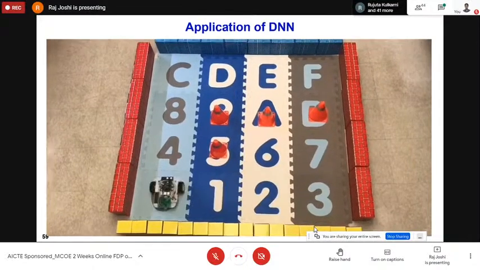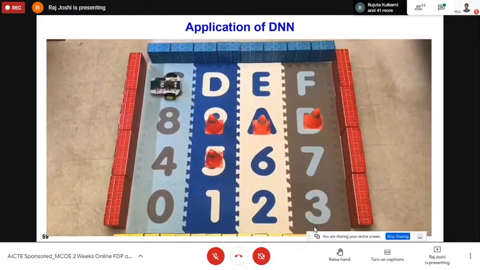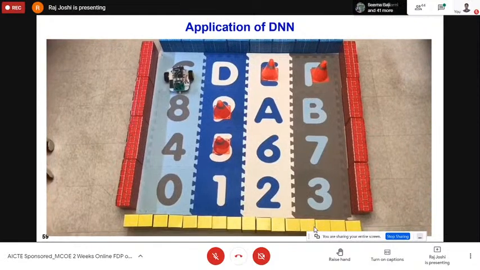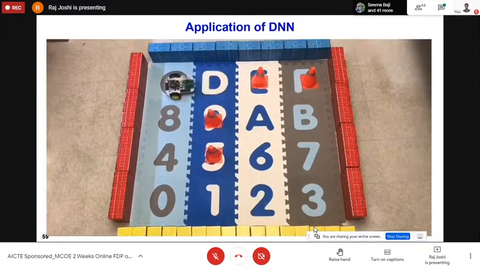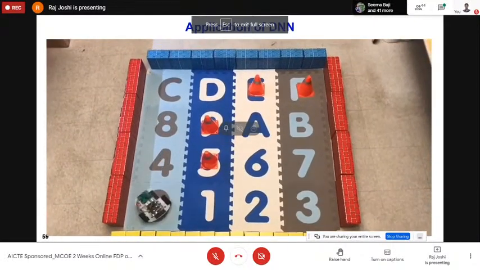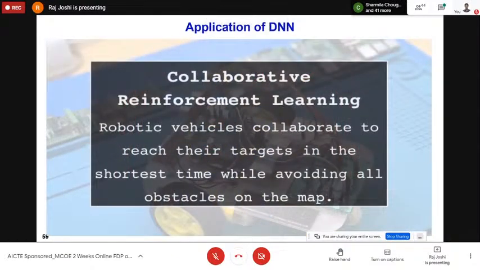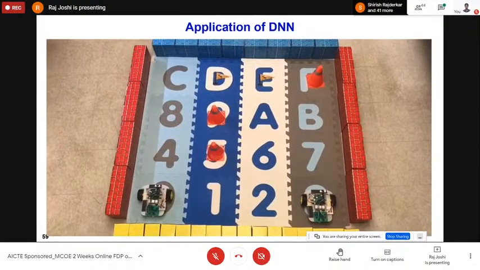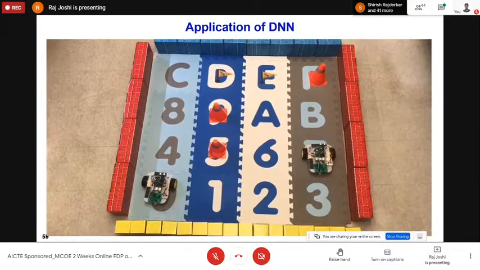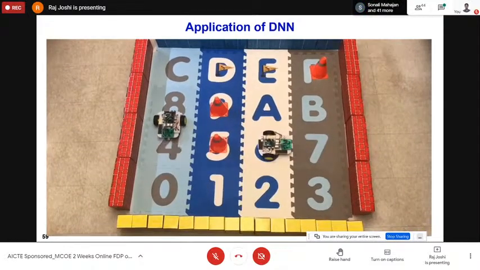So all these, it has to go to the final path, and the obstructions are moved in different directions, different locations. Now there are two vehicles. So they will look at each other, and stop.